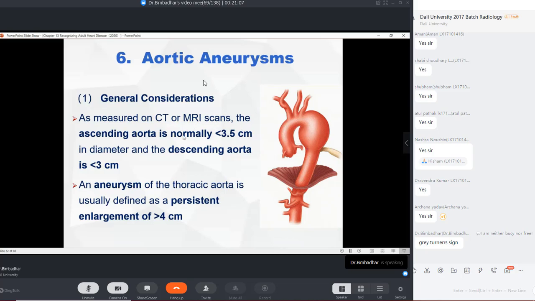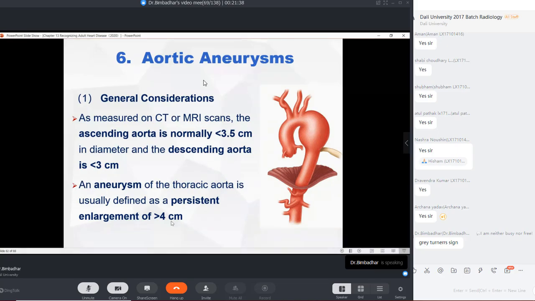Okay, in the ascending aorta the normal is less than 3.5 centimeters, and if it is the descending aorta, the normal is less than 3 centimeters, and aneurysm is persistent enlargement if it is greater than 4 centimeters, and the diameter keeps on increasing over time. The more delay you make with the aneurysm, the more diameter increase will be there. Okay, so that's what it is. Did you understand? Is this clear?